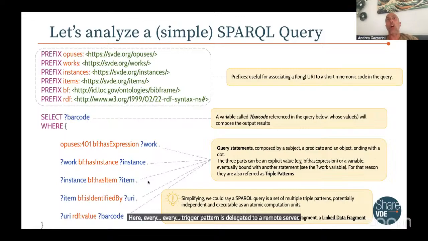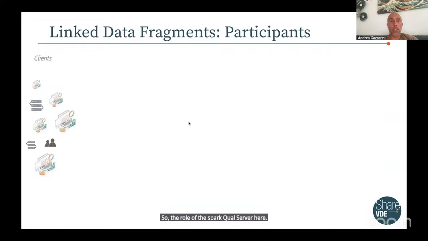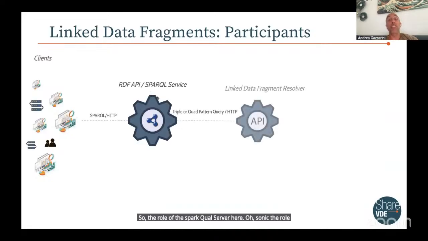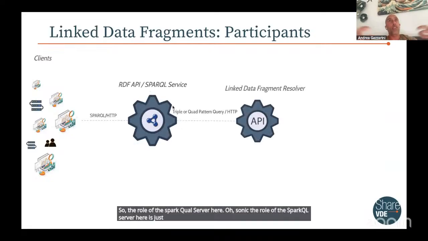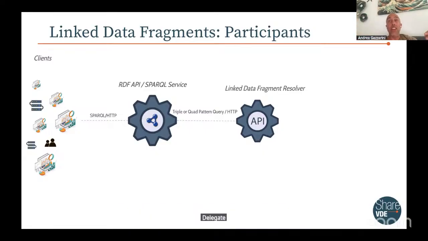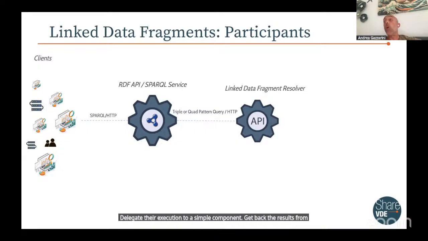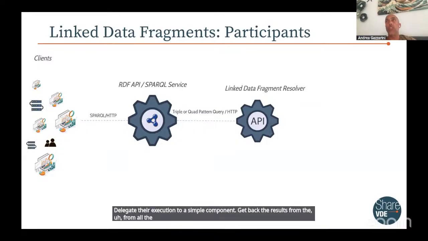So the role of the SPARQL server here is just to separate the different triple patterns, delegate their execution to a simple component, get back the results from all the resolvers and merge the final result before returning everything to the client.